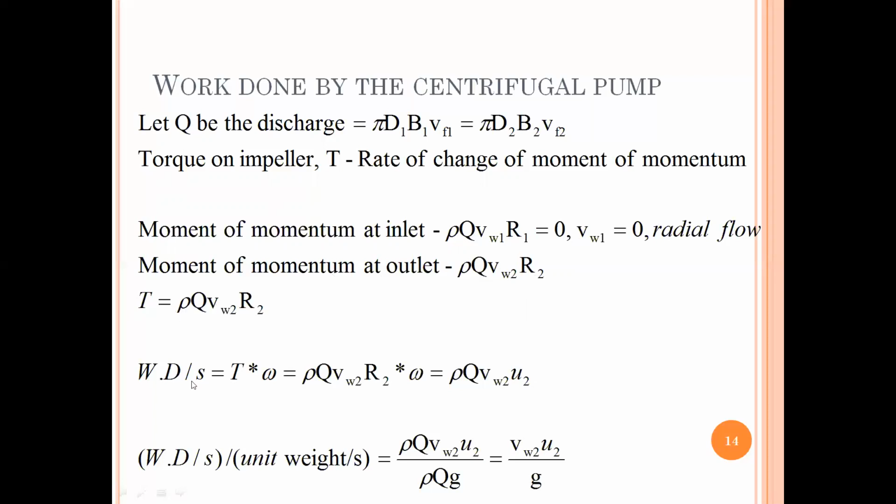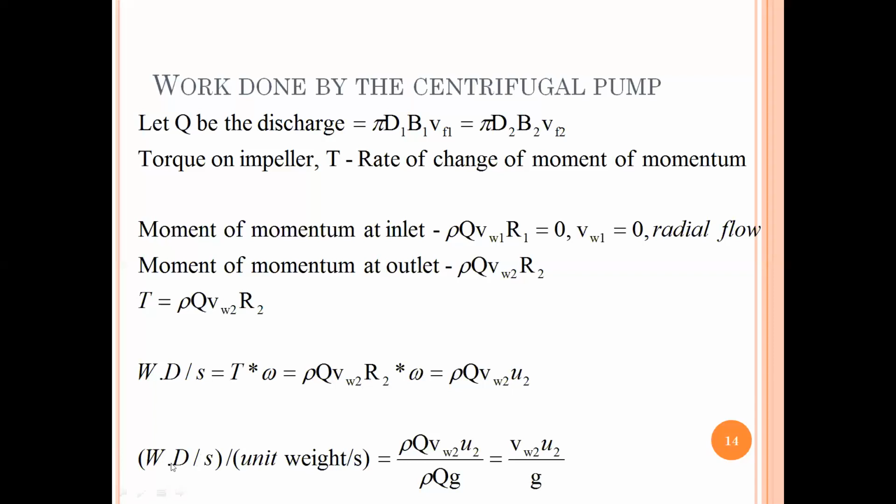Now to calculate work done per second, I have to multiply torque into omega. Your omega is your angular velocity. So when I multiply it with omega, rho Q VW2 R2 into omega, I can club the terms omega R2 and write it as U2. Your U2 is your tangential velocity of impeller at outlet.